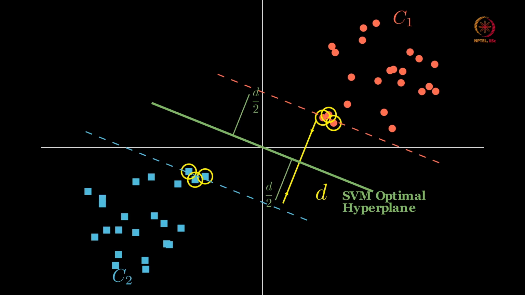Support vectors means those data points, vectors in class 1 and class 2, which define the boundaries here, and finding the gap between them and getting the center point, so that this classifier will support a maximum distance between the two classes.